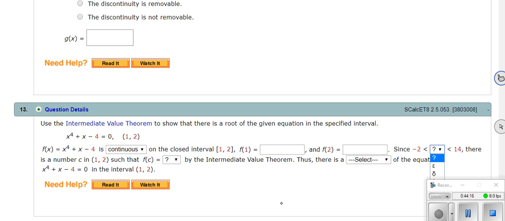What that's talking about is it has to cross the x-axis somewhere in between. Since we have a negative on the left-hand side and a positive on the right-hand side, at some point it had to cross the x-axis in that interval to get from below the x-axis to above the x-axis. That's the intermediate value theorem.